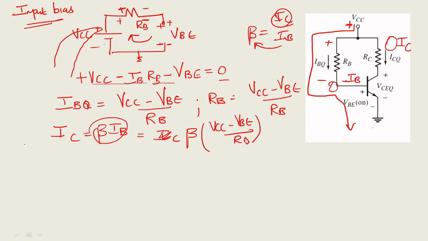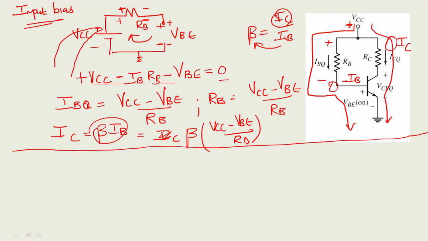This is for the input side. Now we will go to the output section. This output section is the output bias. When you draw the circuit, generally I am saying it is plus.